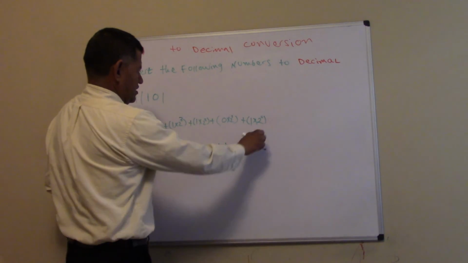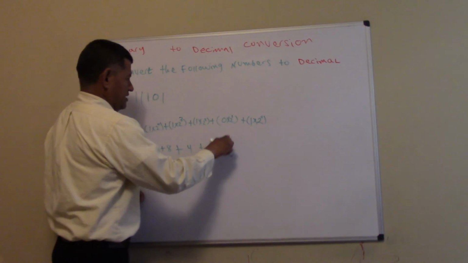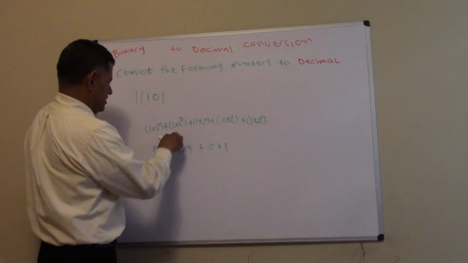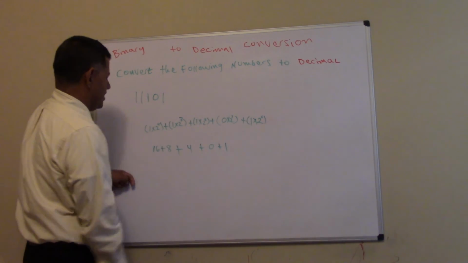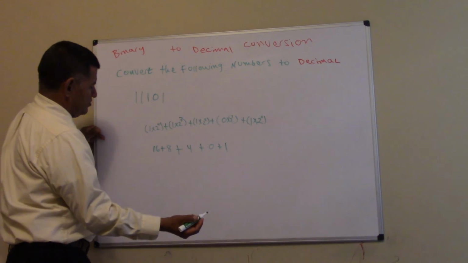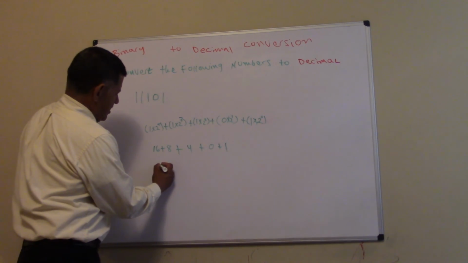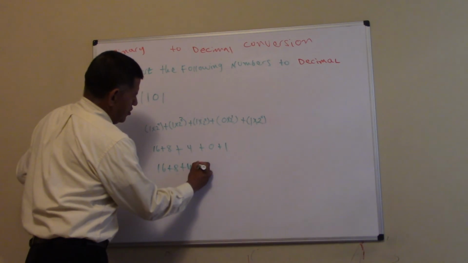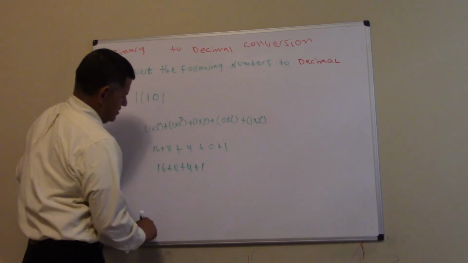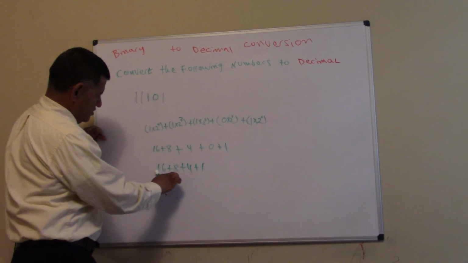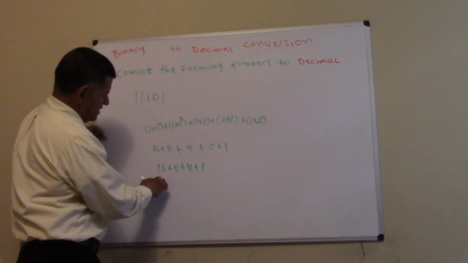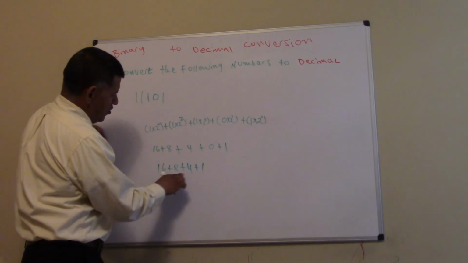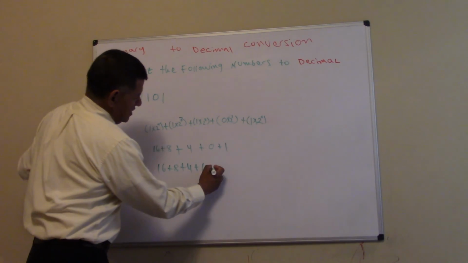So this is 1, this is 0, this is 4, this is 8, this is 16. Let's add them up: 16 plus 8 plus 4 plus 1. 16 plus 8 is 24, 28, and 29.